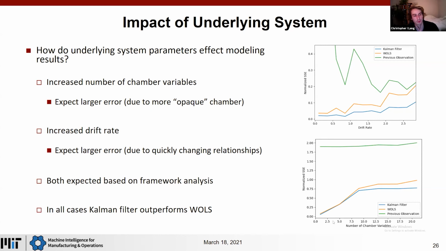Similarly, when we sweep the number of chamber variables, increasing them means we have less of an idea of what's happening inside of the chamber. So the error for everything goes up, but the Kalman filter still ends up outperforming WOLS as a baseline comparison method.